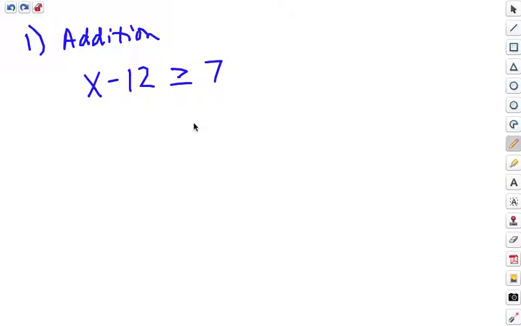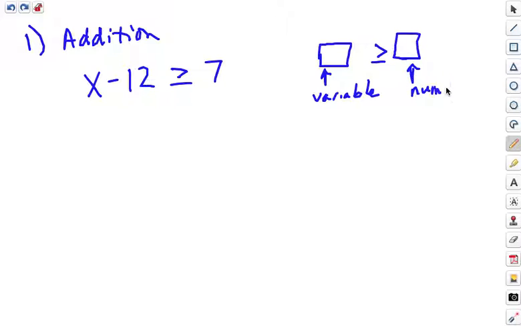Our goal is to get a variable and then greater than or equal to a number. So variable, and we want to have a number in this place here. And of course this could be reversed.